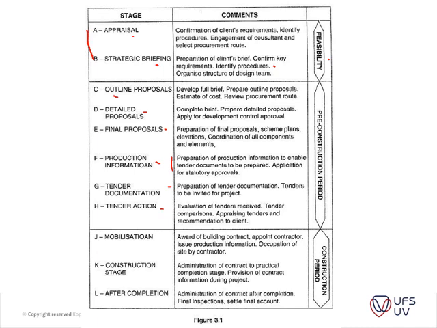And once your tender has been awarded, so you appraise your tenders, and then the mobilization includes the awarding of your building contract and the contractor is appointed. And then you've got your construction stage where it's the administration and practical completion stage. And then after completion is your closeout stage, as we have it as stage 6. So very good reading to supplement your 6 stages and filling in those 6 stages and the outcomes thereof.